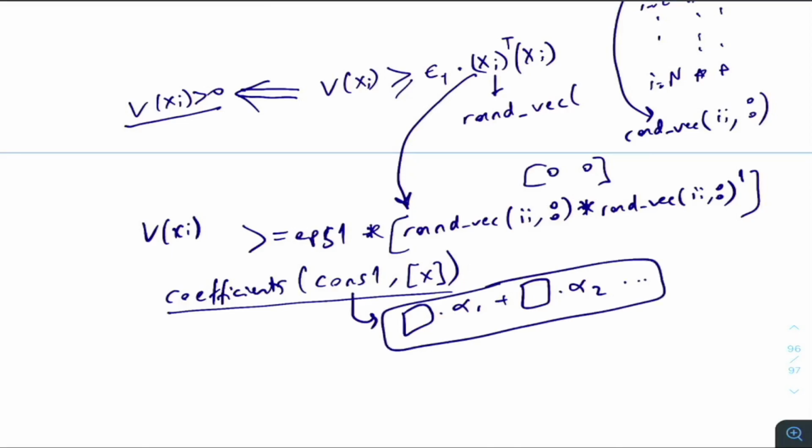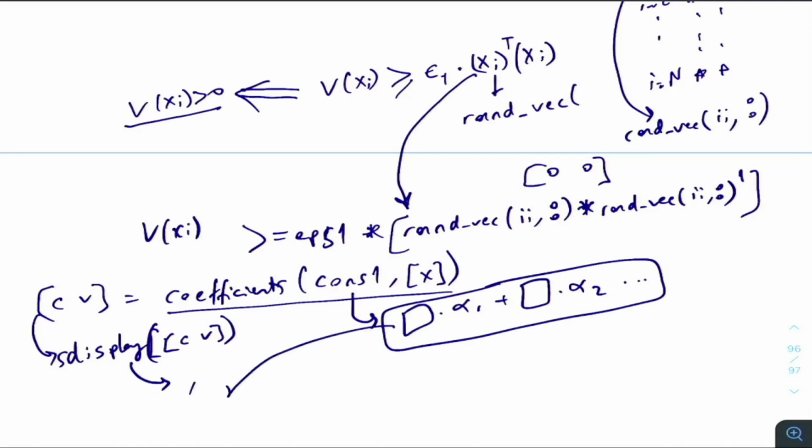And if you do that and display cv, you will see this term comma 1 because there is no x in this term, right?